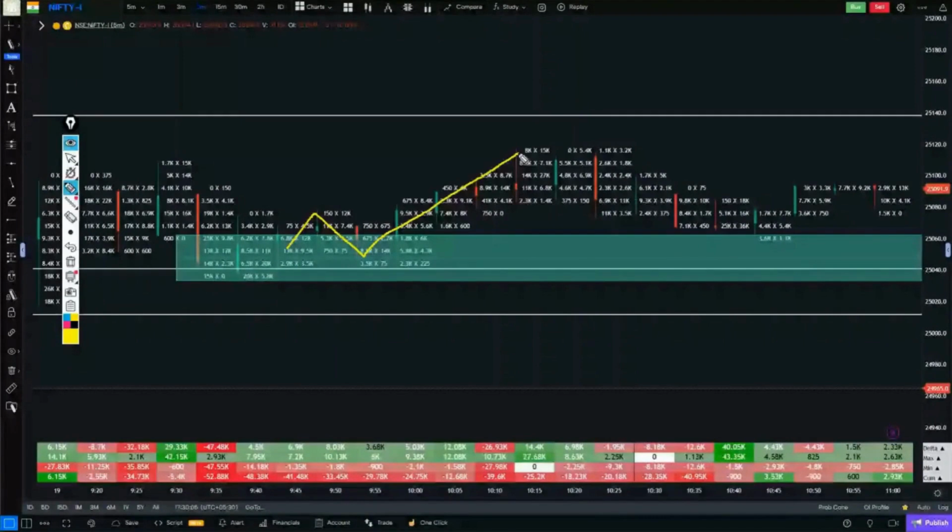But in this upside movement, we noticed one more thing. We did not see any interest from buyers anywhere. By buyers' interest, I mean we saw buying absorption here. Buying absorption means that whenever you see a movement on the upside but buyers are not interested. Look here, 3000, 5000, 12,000, see, we got a negative delta here.